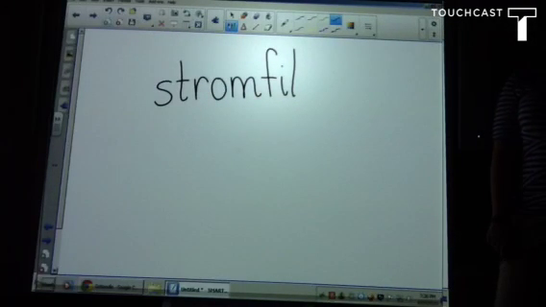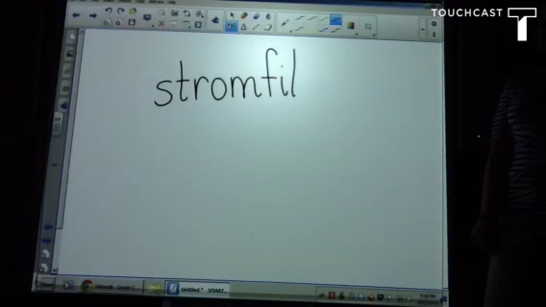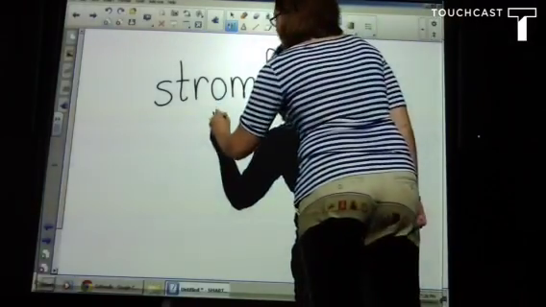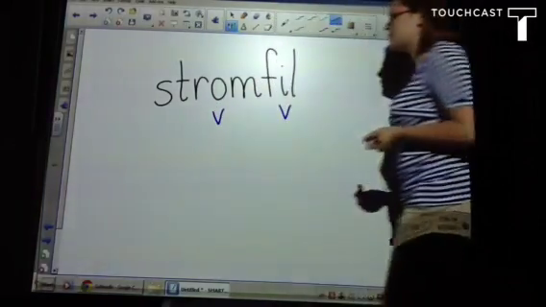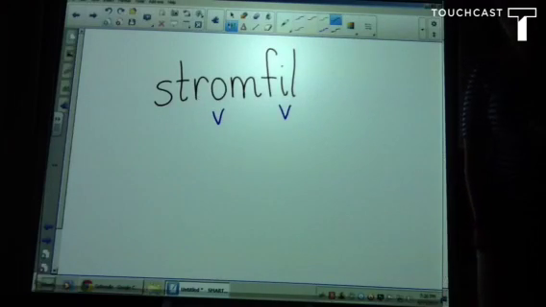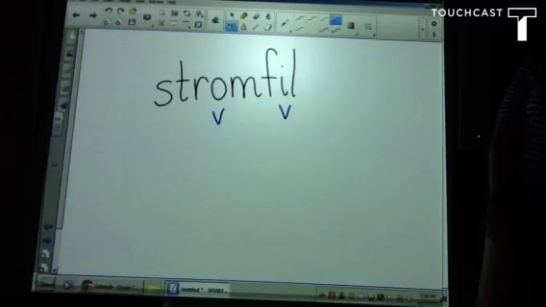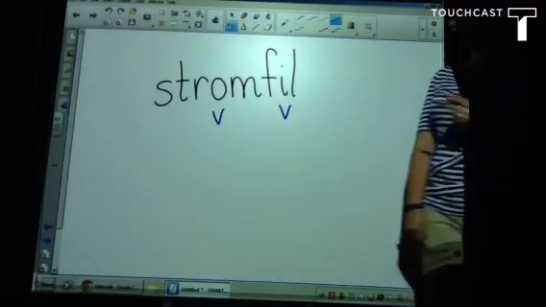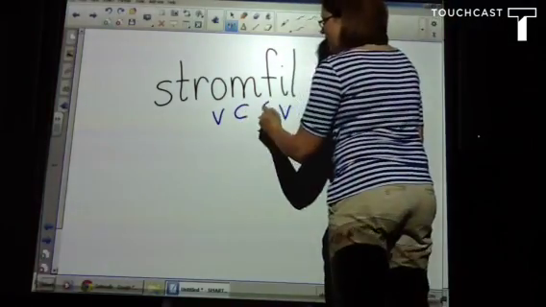Two. What are they? O, I. Then I need to find the consonants in between. Very good. What are those? M, F. The M and the F.